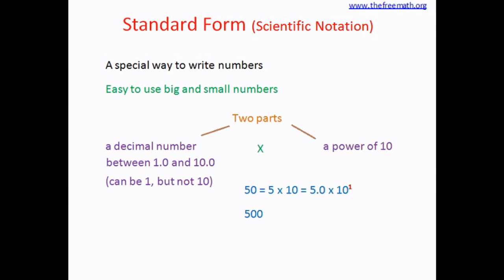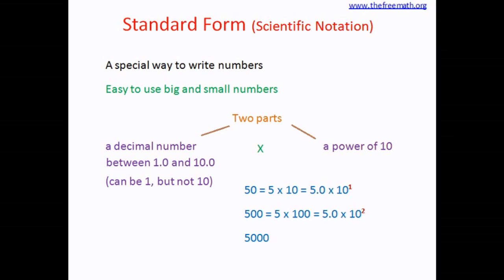If the number is 500, then 500 can be written as 5 multiplied by 100, and 100 means 10 to the power of 2 or 10 squared. So I can write it like this, 5.0 multiplied by 10 squared. This is again written in the standard form.